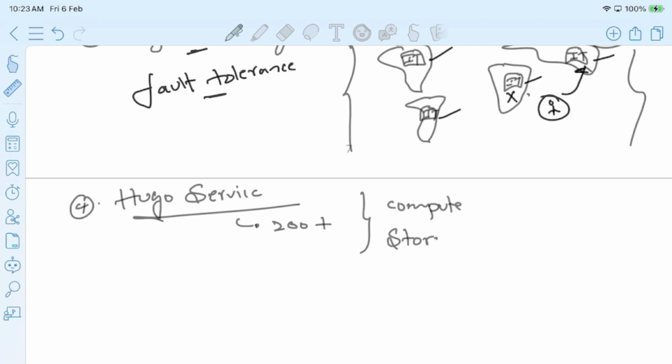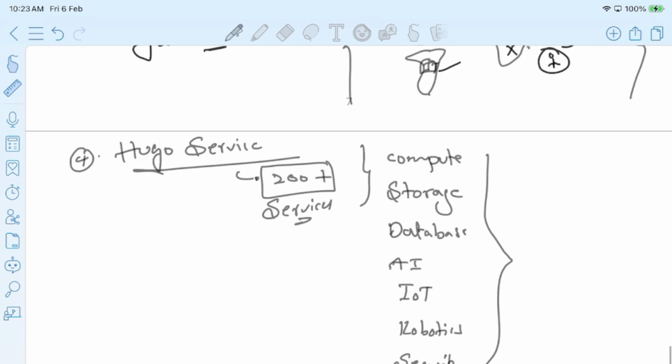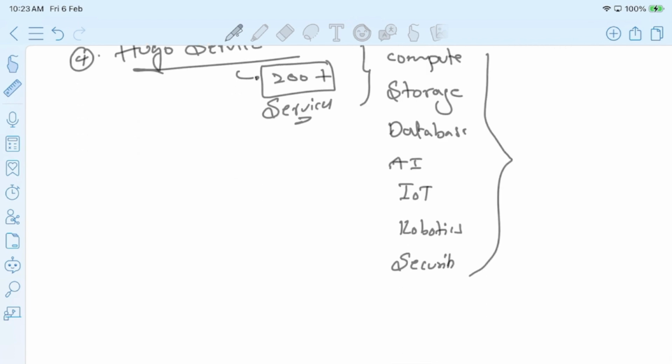Under storage, it provides a lot of services. Under databases, it provides a lot of services. Under AI, IoT, robotics, security, and so on, AWS provides more than 200 services altogether. So it is easy for customers and users to get the services as per the requirement.